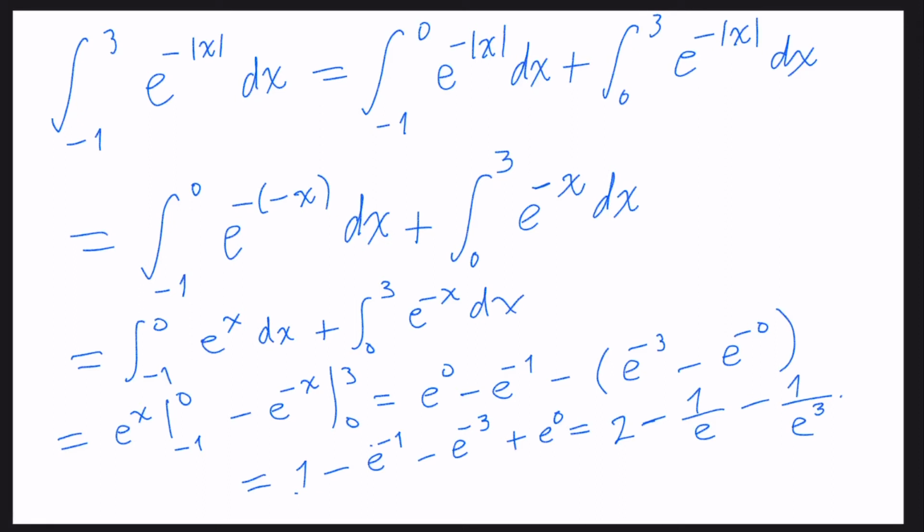I'm not sure how to find an antiderivative of e to the minus absolute value of x. Maybe I can find one with the same strategy, but then I have to consider whether the domain is positive or negative, which makes it more complicated. So instead we can just analyze the problem by separating it.